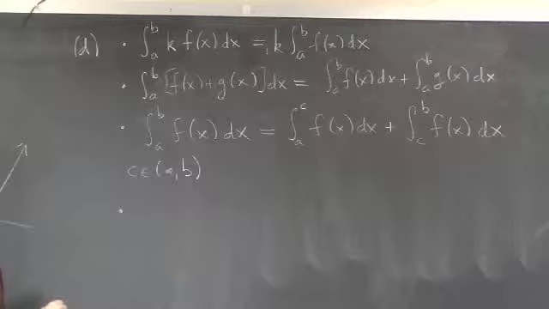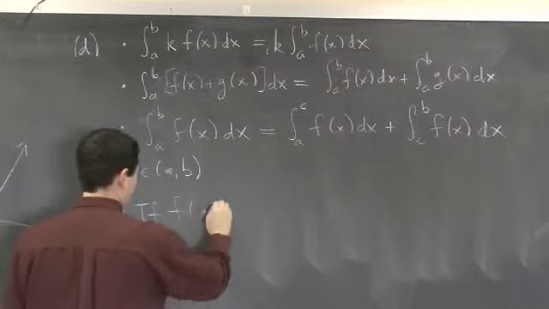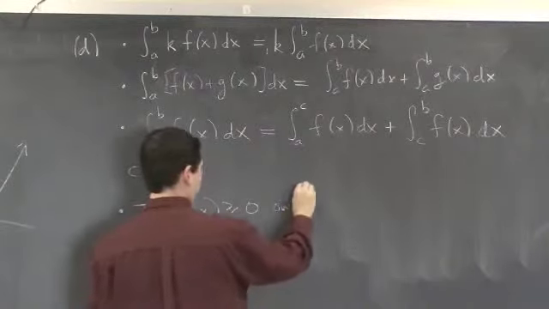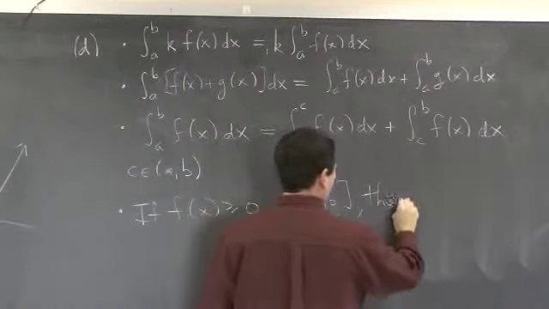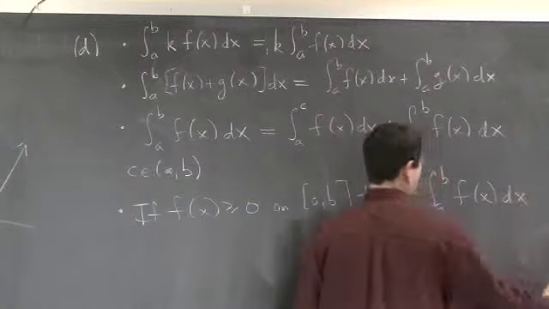Okay. Here's one that will just take you a second to think about geometrically. Assume that your function is always at least 0 on [a, b]. What can you say about the integral of that function?